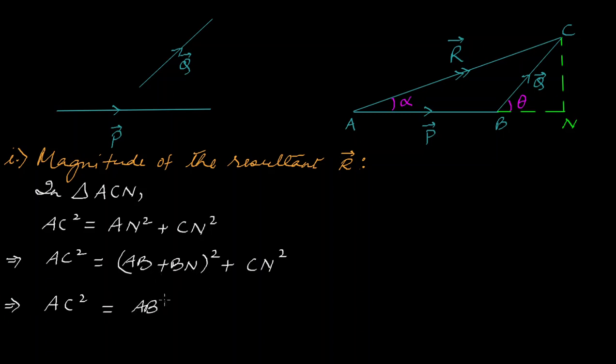I will get AB square plus BN square plus 2 AB BN plus CN square. I believe that is okay. Let me write this as equation 1. Now take another page.